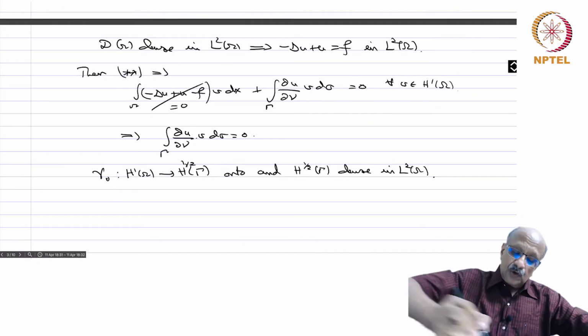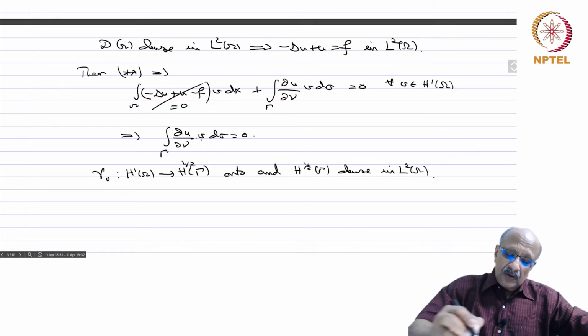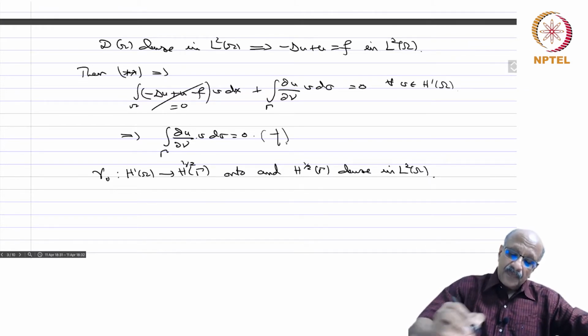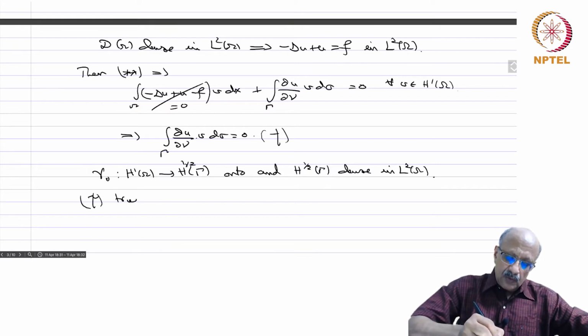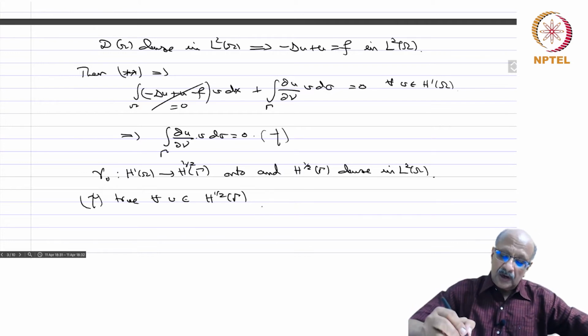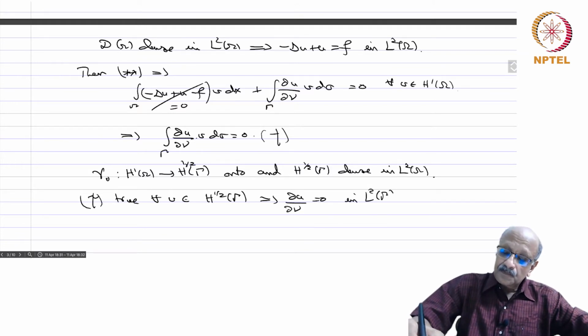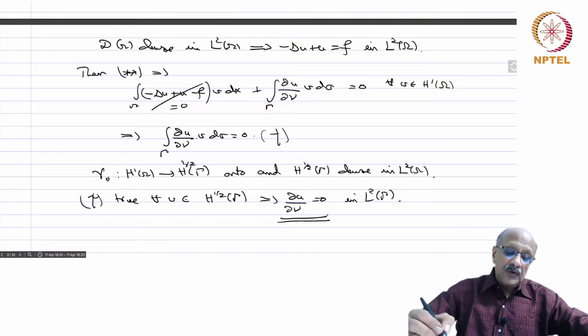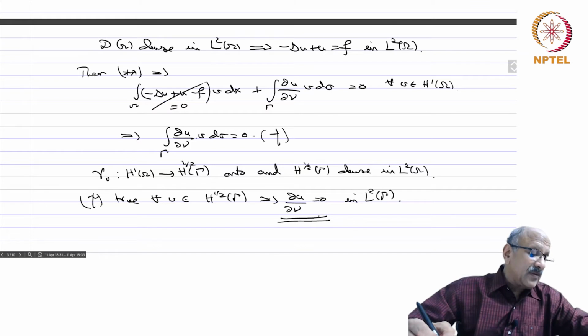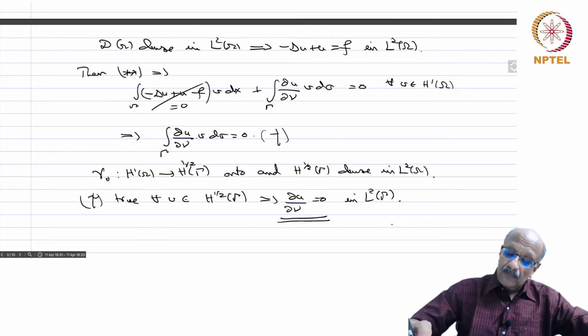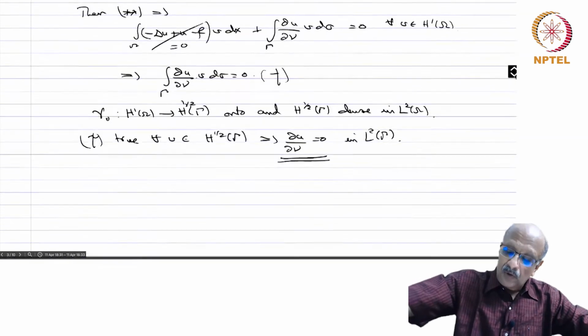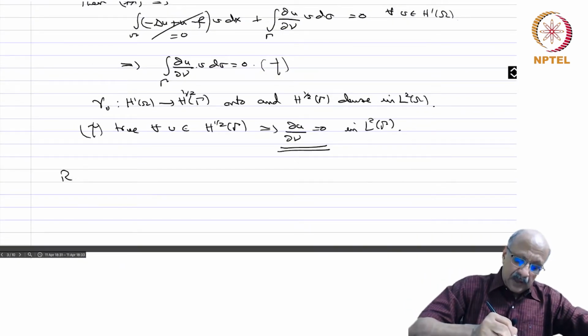Therefore, this shows that, call this dagger, dagger is true for all v in H half of gamma, because of this ontoness of gamma naught, and therefore this implies that du by d nu equals 0 in L2 of gamma. So we have shown that if u is in H2, it satisfies the boundary condition.